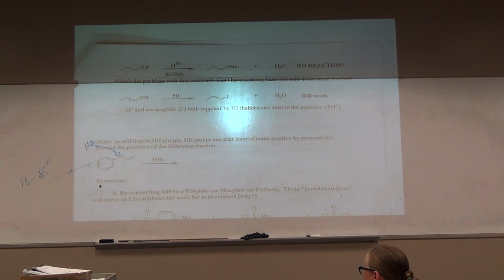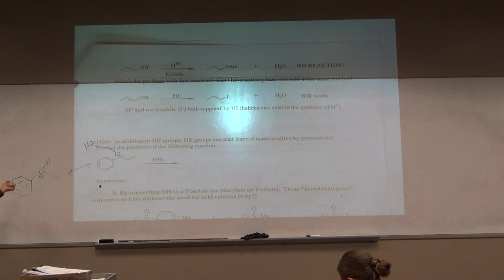So why are we able to do this? No, there's no resonance. You're saying there's resonance here? If we draw this out, there's no resonance here. Make sure you understand that. There's no resonance that involves delocalization of the cation.